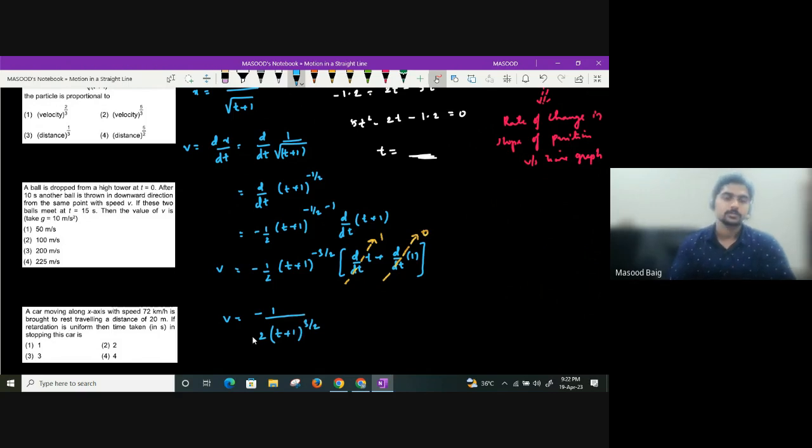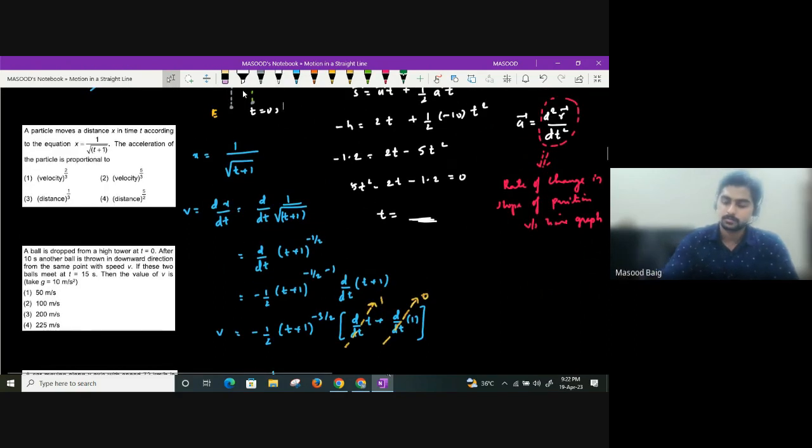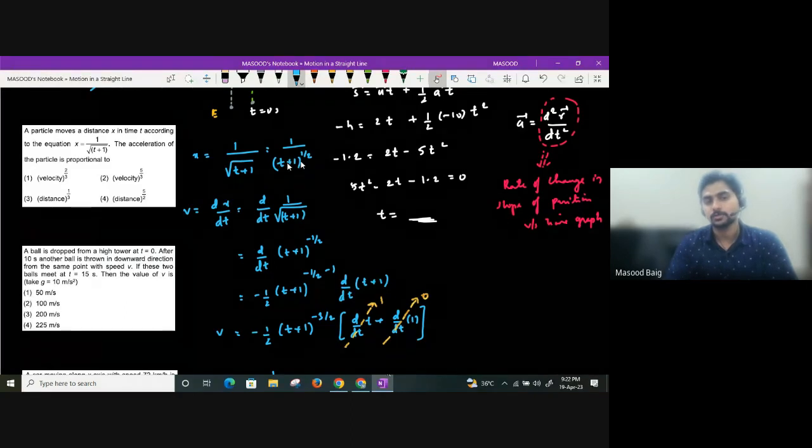Now (t plus 1) whole power 3 by 2 I can write as 1 by (t plus 1) whole power 1 by 2, whole cubed. And (t plus 1) whole power 1 by 2 is x. If I cube it on both sides, will I get (t plus 1) whole power 3 by 2? Yes.